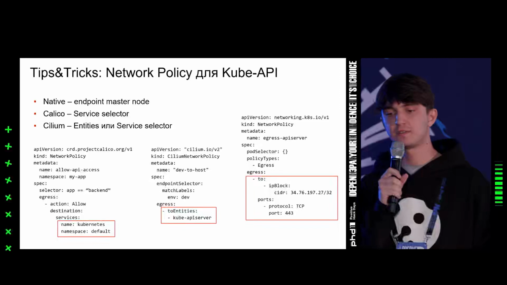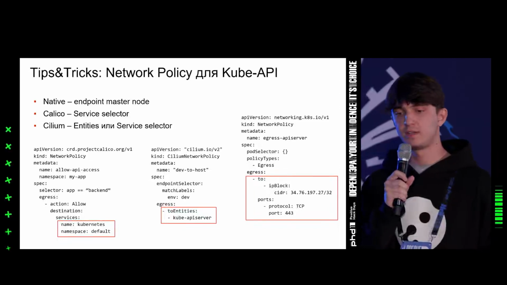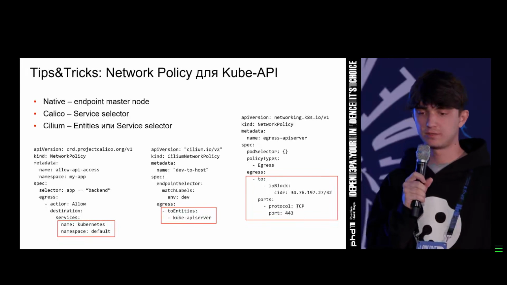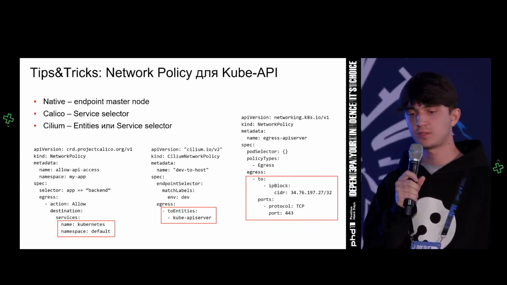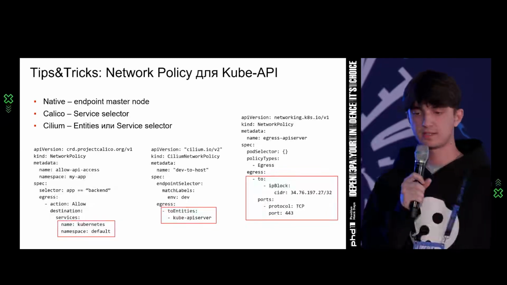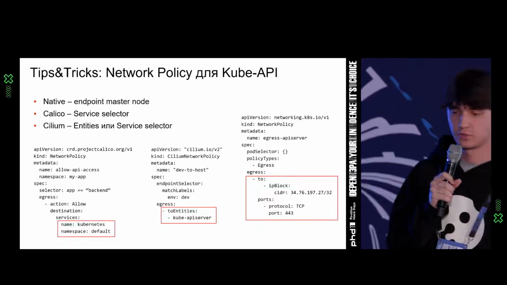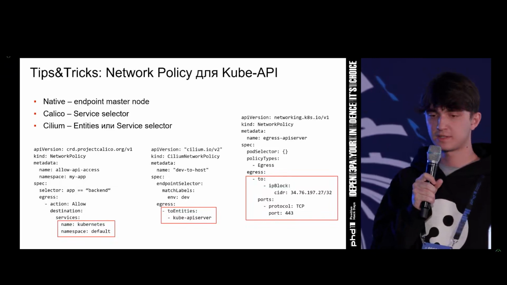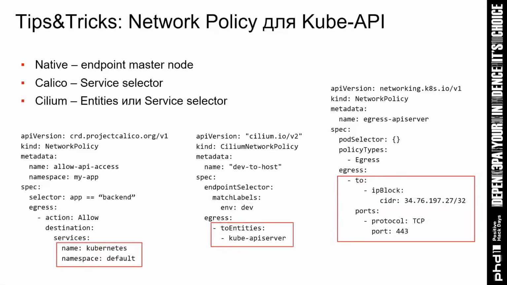Oftentimes you have a microservice that talks to Kube API, and it introduces certain difficulties. You may have a managed Kubernetes, and a Kube API can be somewhere else, and it's rather difficult to write a workable policy.